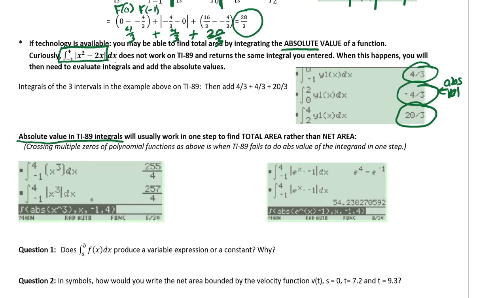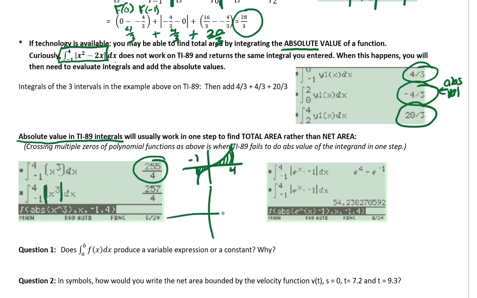This is a screen capture from your TI-89 screen. If we were finding the area under the x cubed graph from, and I'm kind of exaggerating the curve here, from -1 to 4, you can see that some of that area would be negative and some of that area would be positive. So the area under the x cubed graph from -1 to 4 is not the same as the area if we do absolute value.